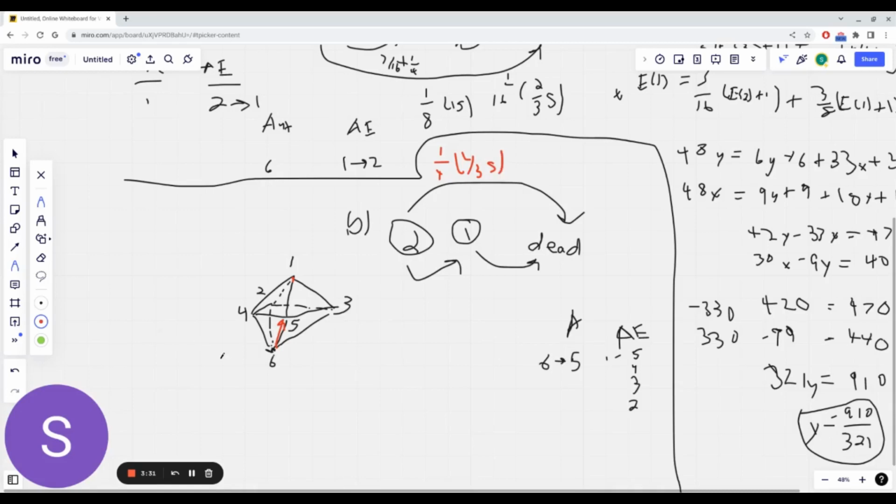Now, if the ant goes to 4 or 3, then the fastest path, well, this time, it is going to be either 6 and 5 are the same distance regarding the ant, because the ant is going to be halfway between 6 and 5. The anteater doesn't know which way the ant is going. Even though the anteater technically knows which way it's going, it's not really, because we can't assume that in the problem.